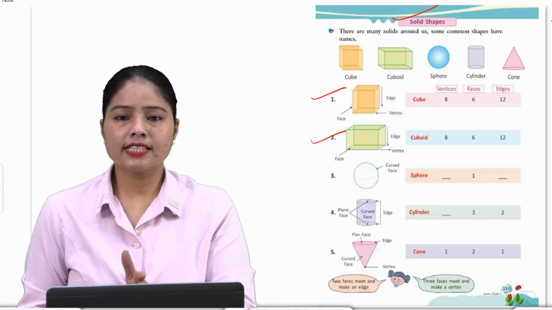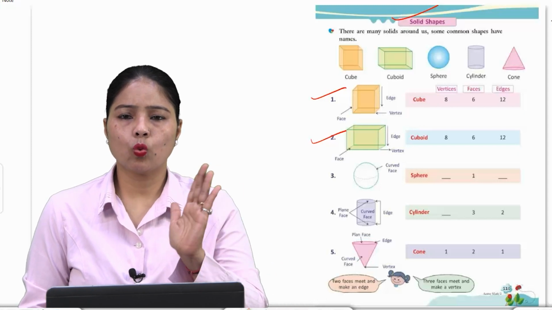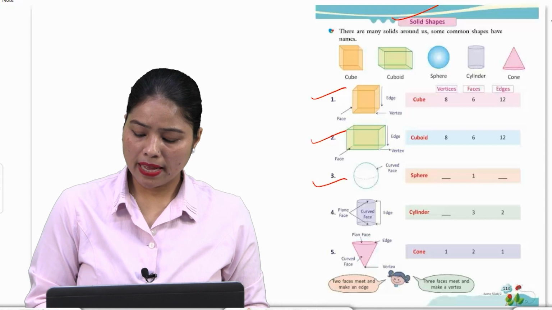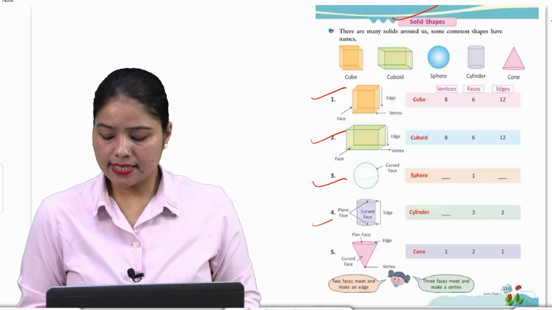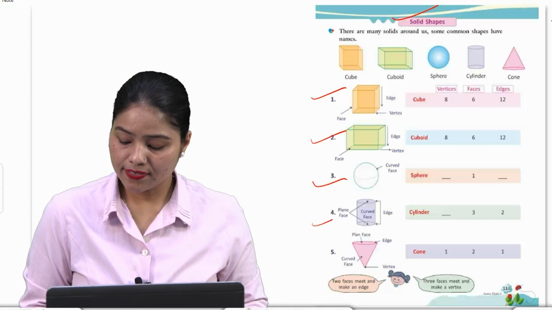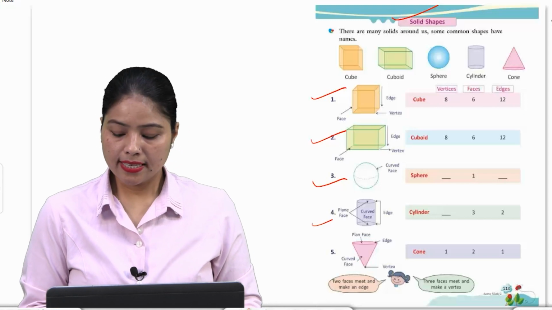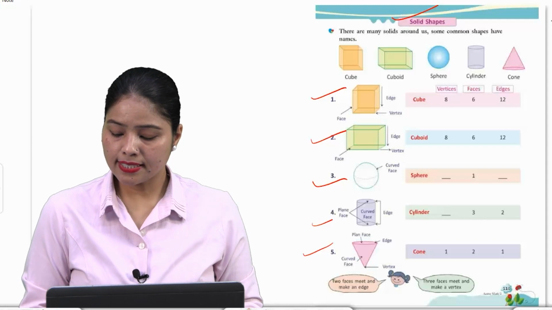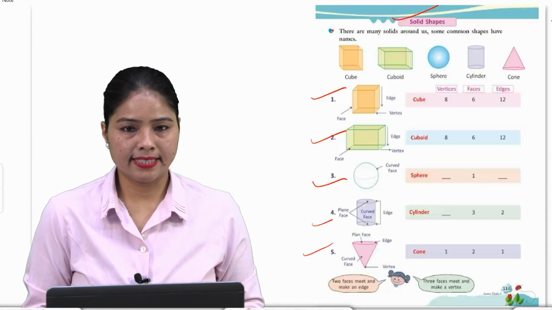And sphere has no vertices, 1 face and no edges. Okay. Then उसके बाद हमारा आता है cylinder. Cylinder has no vertices, 3 faces and 2 edges. After that आता है हमारा cone. Cone has 1 vertex, 2 faces and 1 edge.